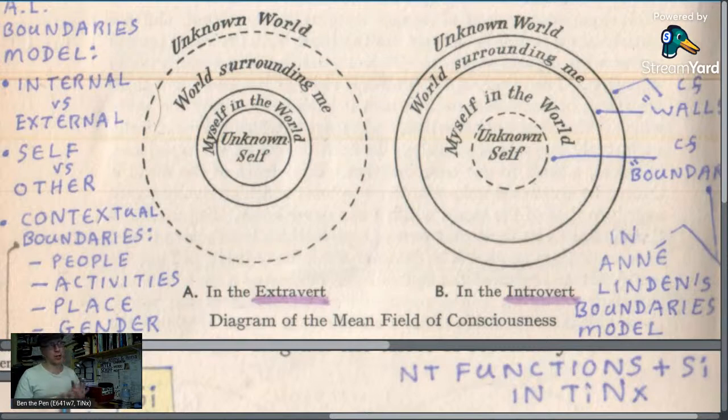And this is what Keirsey would have... Keirsey's argument about the overlap between introverting and intuiting and between extroverting and sensing. There is a partial overlap.